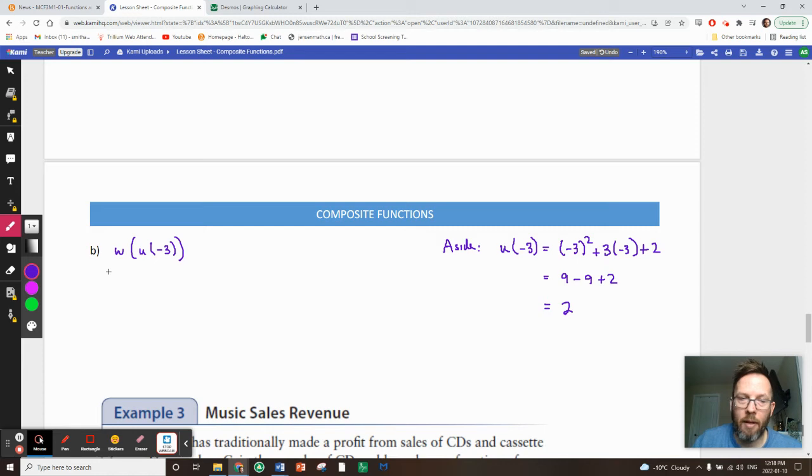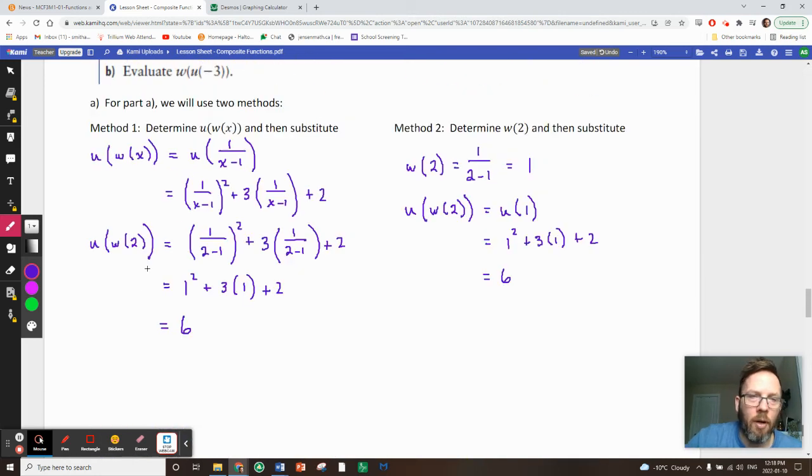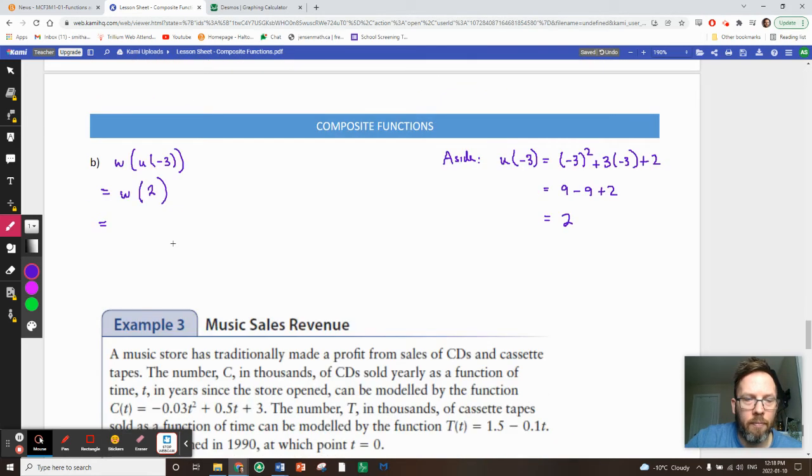W at u at minus 3 is just equivalent to w at 2, because the value of the function u at minus 3 was 2. So we're finding w at 2, and the function w was 1 over x minus 1, 1 over 2 minus 1. We get 1.